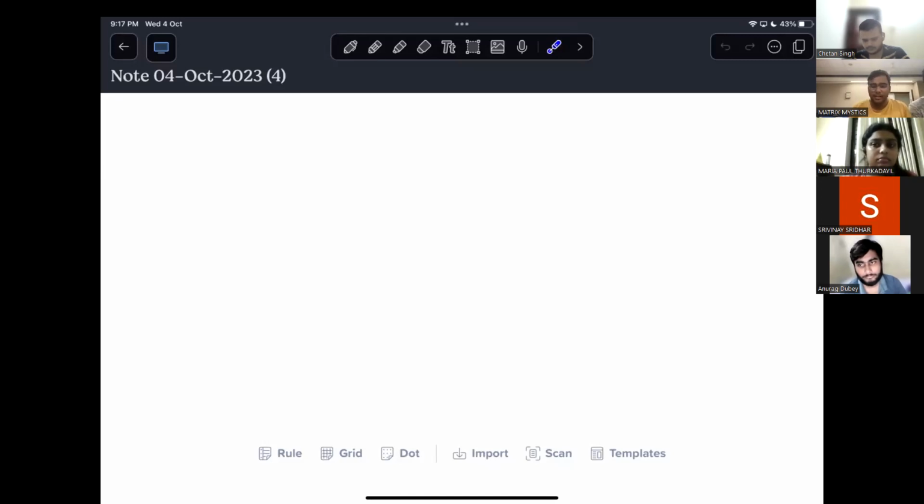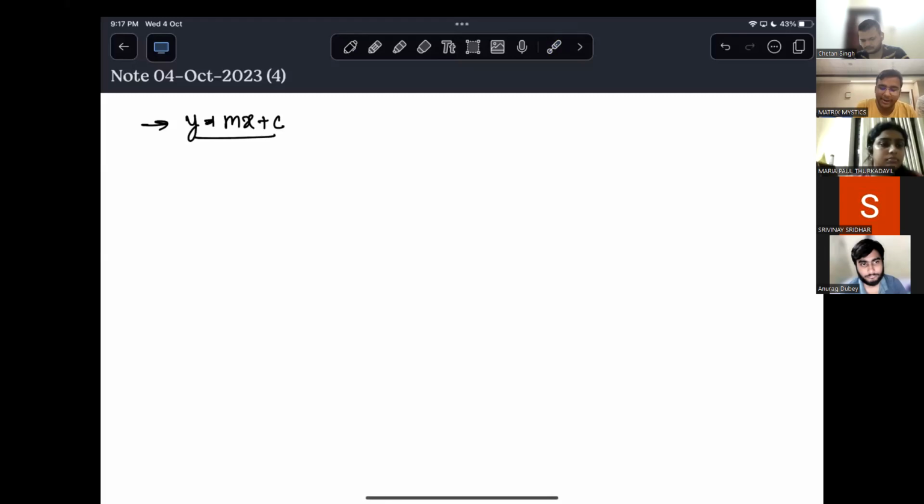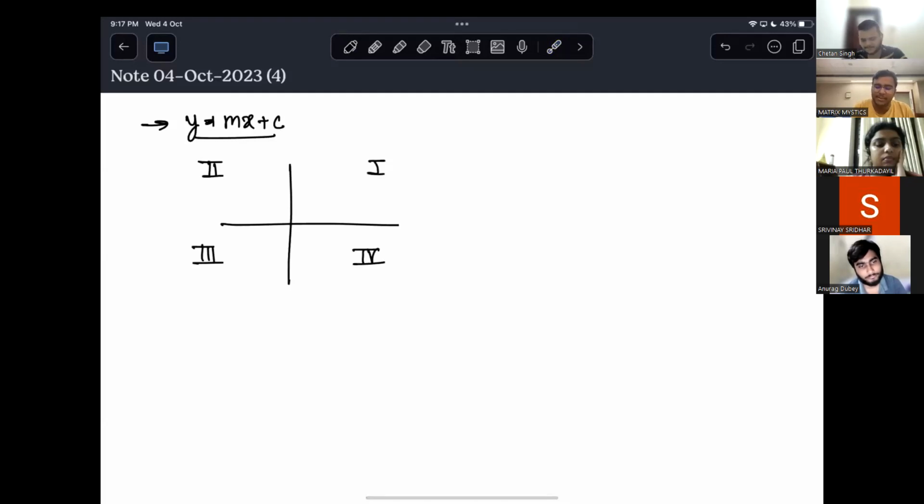Let me give you a basic hint: y equals mx plus c. By basic algebra, we know what these equations are and how we plot them, on the plane with four quadrants, first, second, third, and fourth. By basic 10th knowledge, we know this is the basic equation of a line.